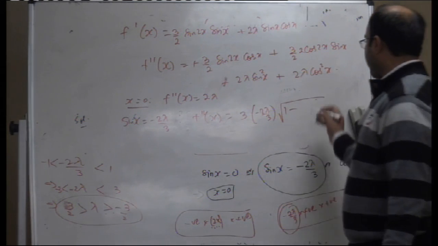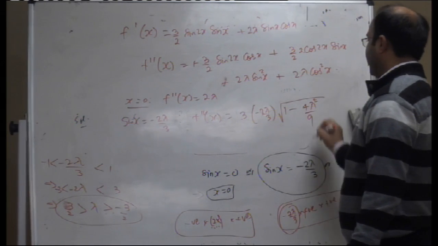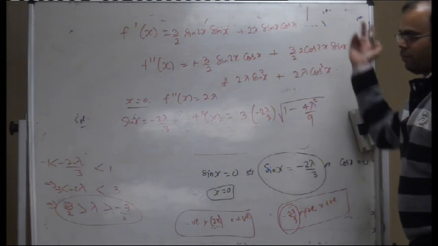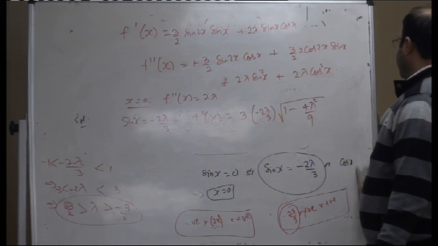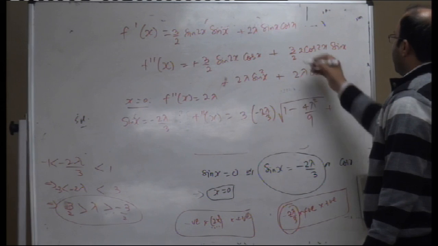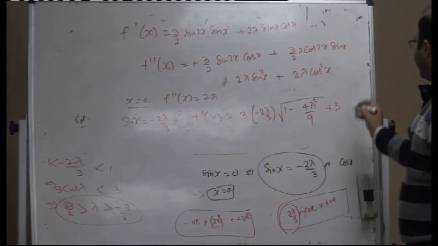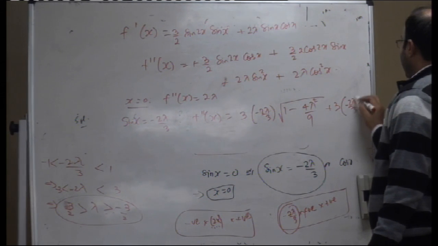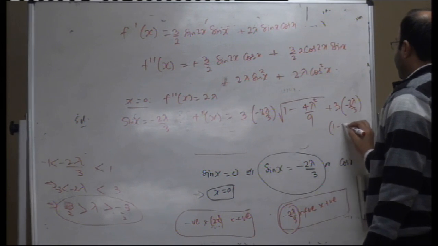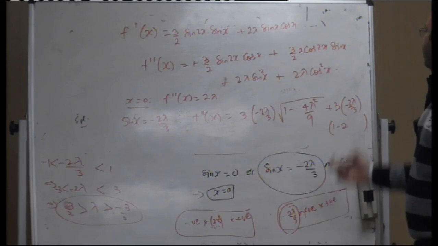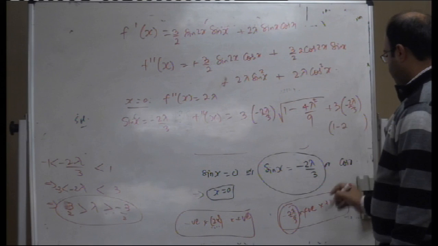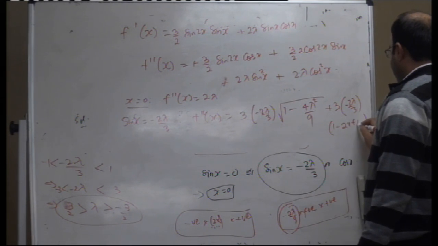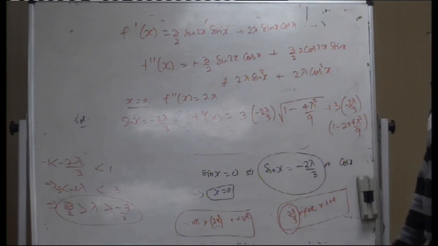Sin square x is actually 4 lambda square by 9. Positive we are taking again for the same reason, pi by 2 to minus pi by 2, plus 3 sin x would become minus 2 lambda by 3 and cos 2x would become 1 minus 2 sin square x. 1 minus 2 sin square x means 4 lambda square by 9. I hope you are following this part ना.